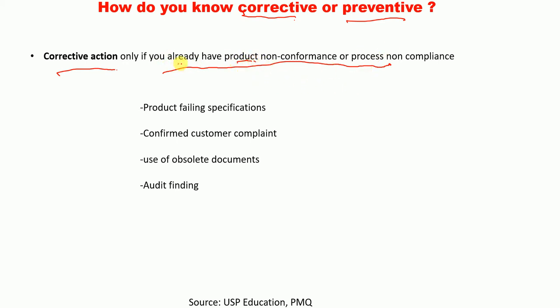So for example, in situations like product failing specifications, confirmed customer complaints, use of obsolete documents, and audit findings, we take corrective actions. These are only a few examples.